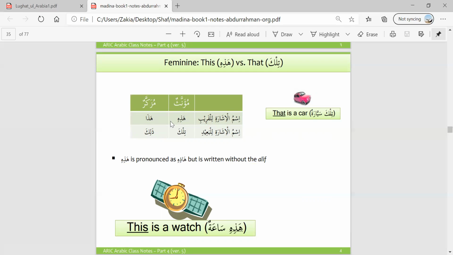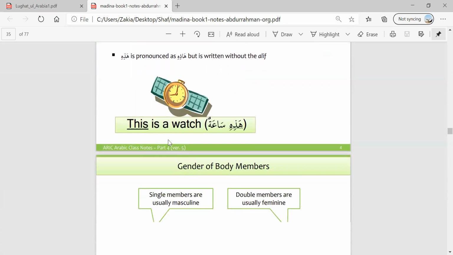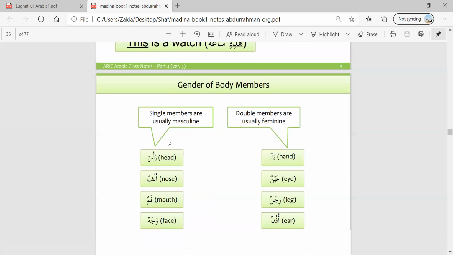These are used for anything that we are pointing out that is close to us. Then for those things that are far from us, lil ba'id, we use tilka or dhalika. Depending on the noun that you're describing, you will use them accordingly, feminine or masculine.